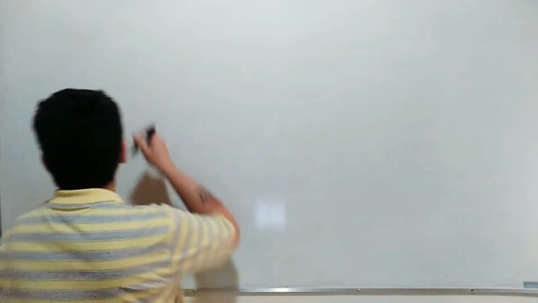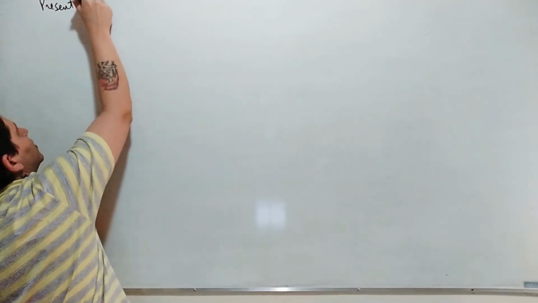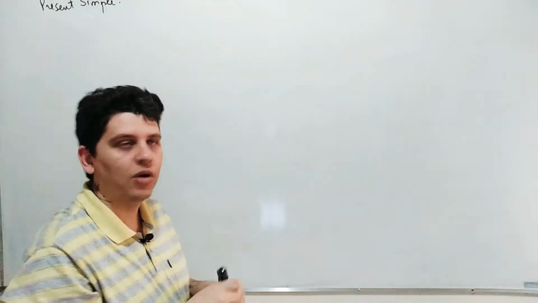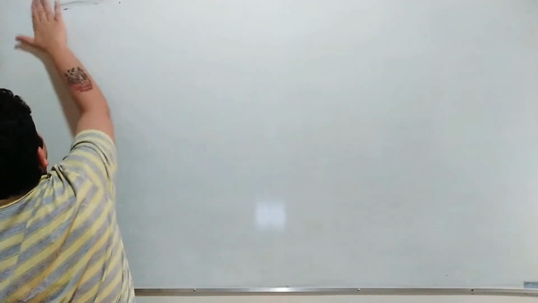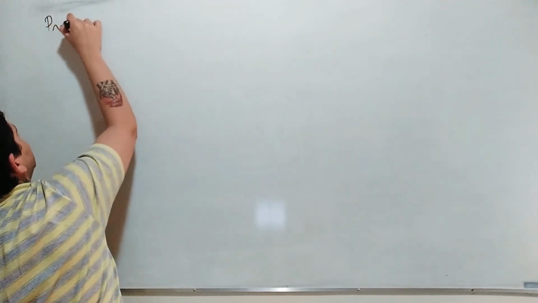So when it comes down to present simple, the first time you see present simple, I think you can't see this high. Let me put it a little bit lower. Present simple.